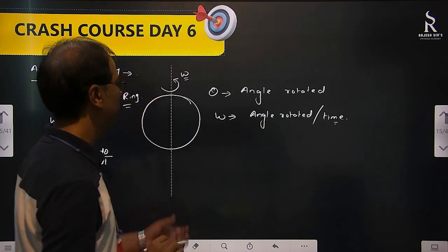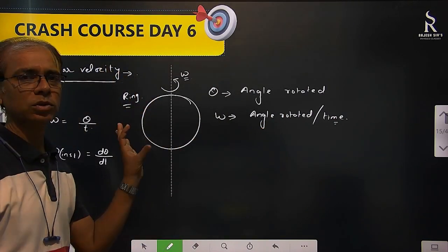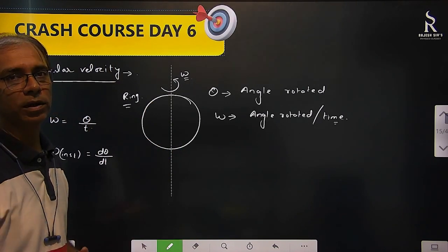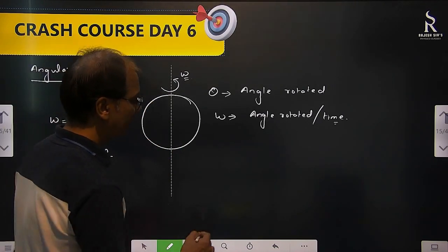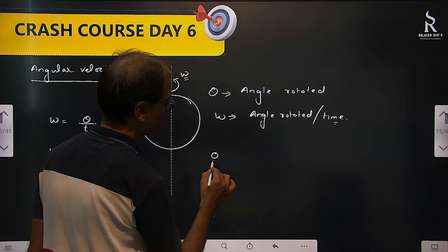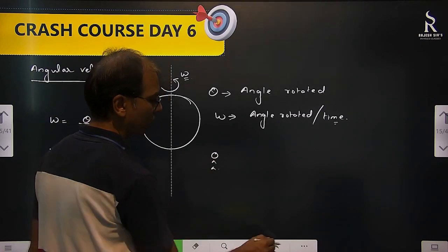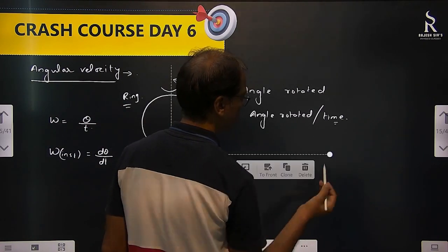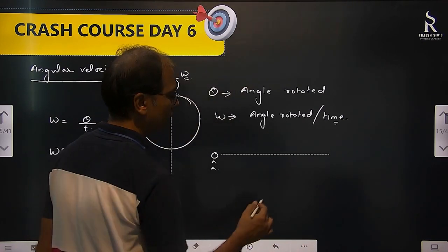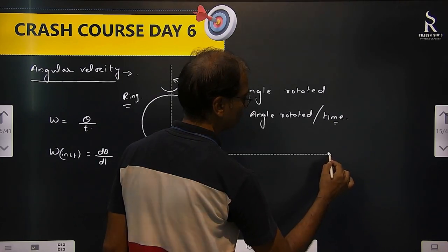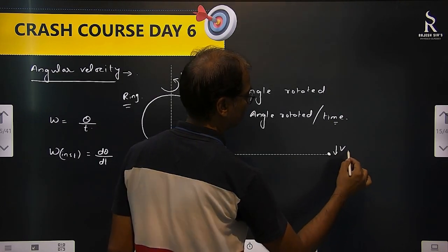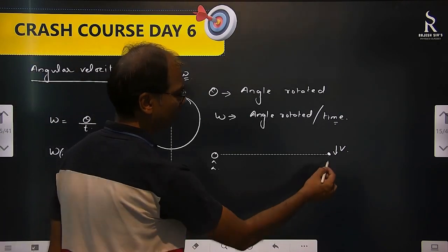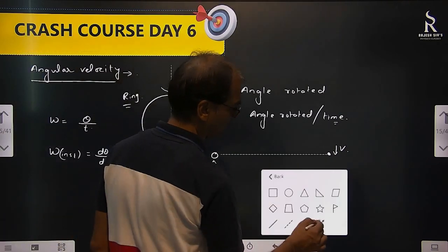Is this understandable, how this is rotating like this, how much angle it is rotating per unit time is omega. But there is one more way omega is defined. What is that? Suppose there is a person over here, and in front of that there is one particle. That particle is moving in this direction with speed v. After some time, that particle will be somewhere down, maybe here.